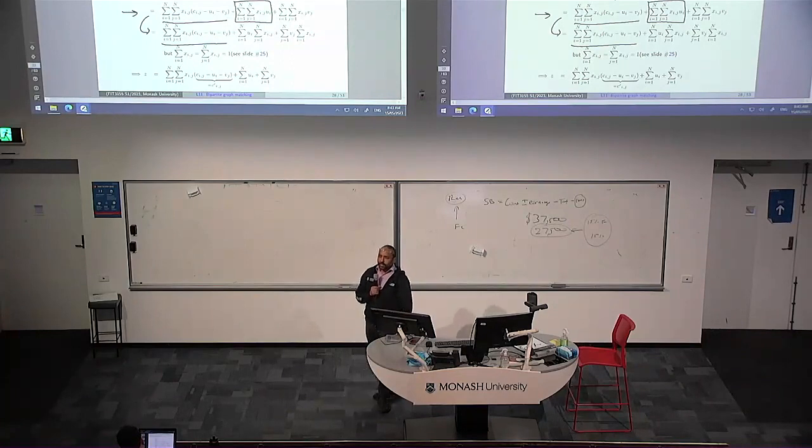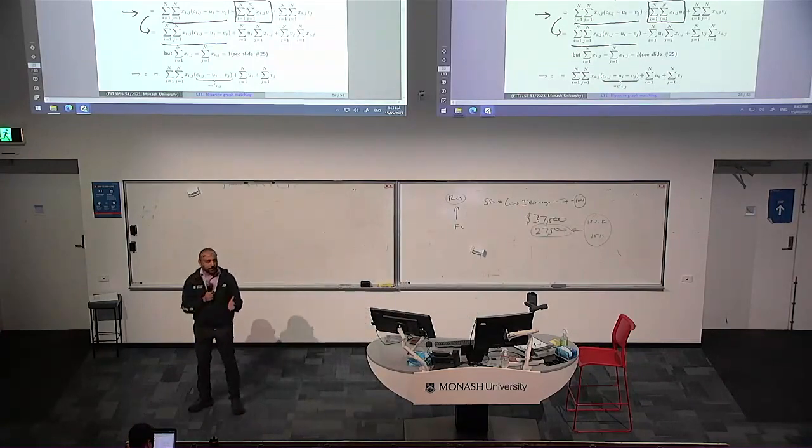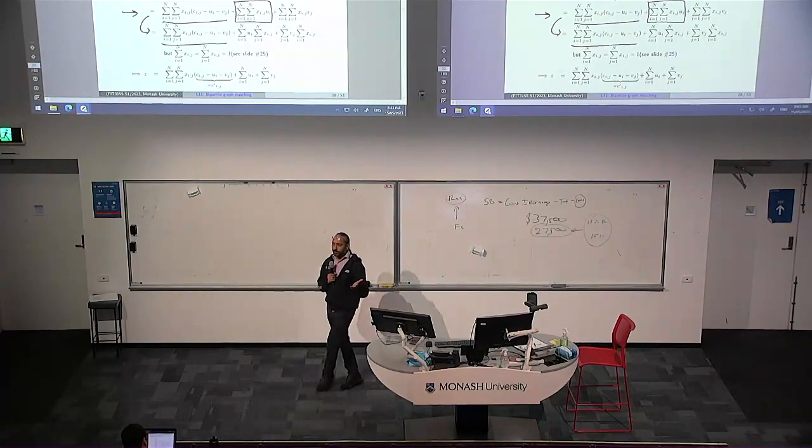Now look at the inner summation. Inner summation is over j equals 1 to n. So for a given i in the outer summation, the inner one explores all possible j's, isn't it? What happens to ui? Ui doesn't change with j because it's a row variable.